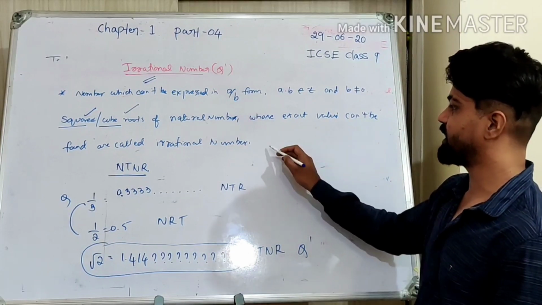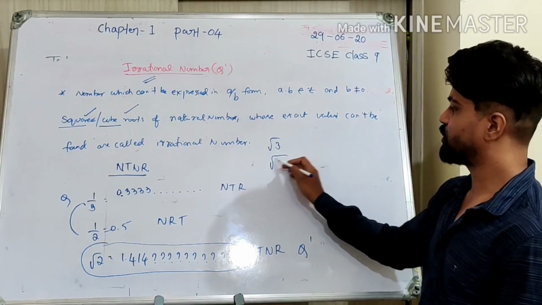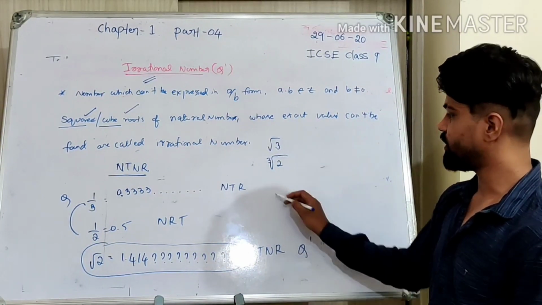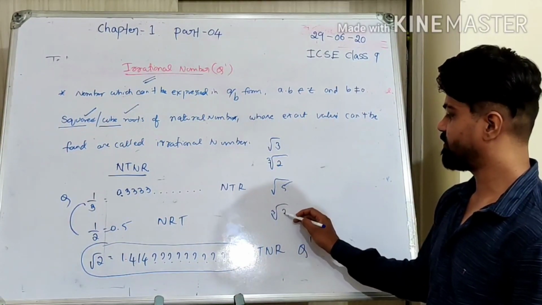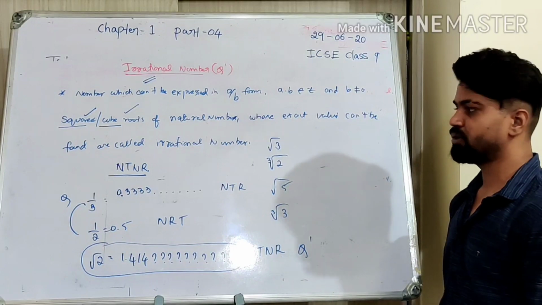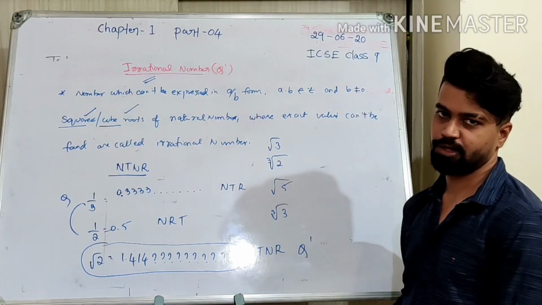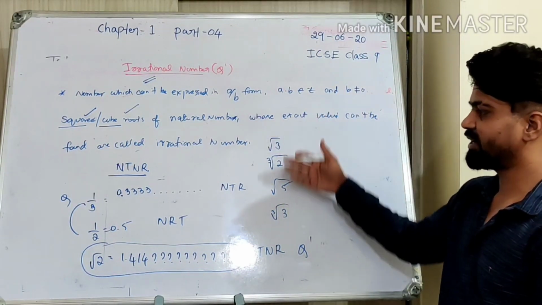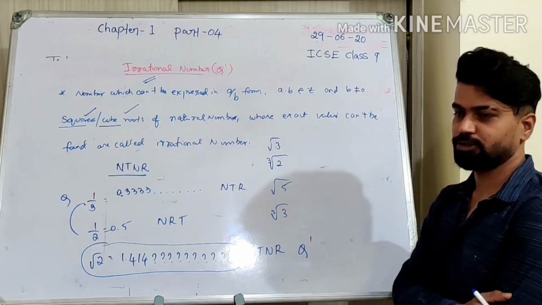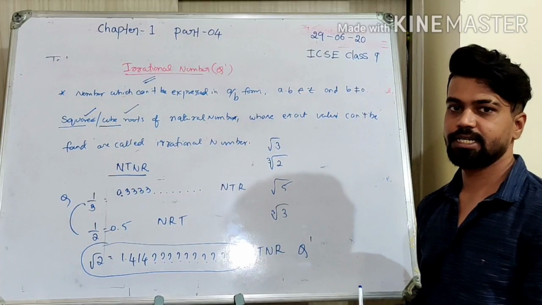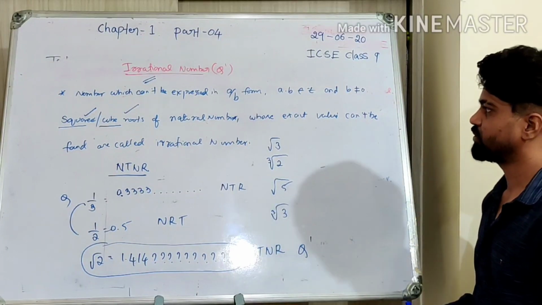Some other examples for irrational numbers are root 3, cube root of 2, root 5, cube root of 3. When you try to find the square root or cube root of these numbers by the division method, you will never get the complete value. It will never stop, and there is no pattern either. That is why these numbers are irrational numbers. So remember this.